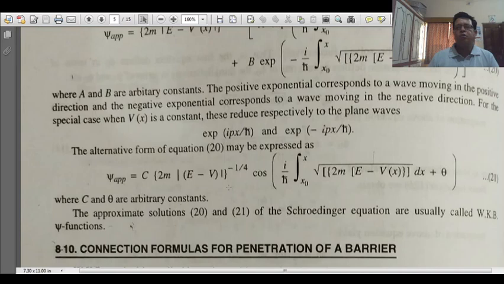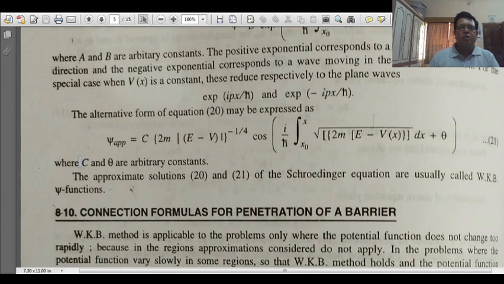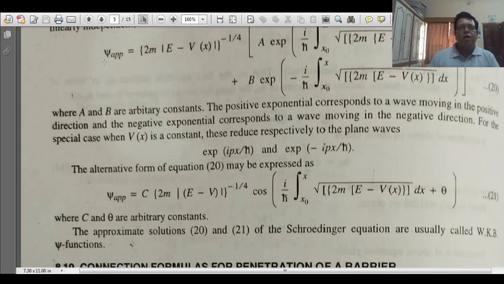This is the alternative solution, where C and theta are arbitrary constants. These approximate solutions 20 and 21 of the Schrodinger equation are called WKB psi functions, known as WKB solutions.